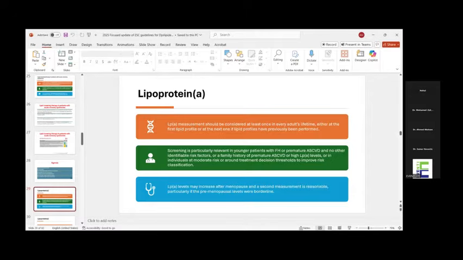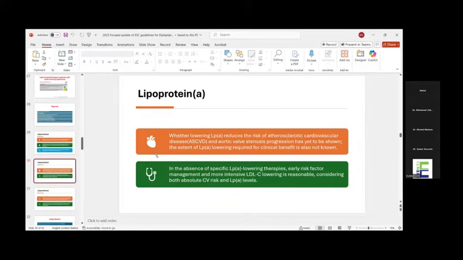Screening is particularly relevant in younger patients with familial hypercholesterolemia or premature atherosclerotic cardiovascular disease without a clear explanation, no evidence of the classic cardiovascular risk factors, or in patients with a family history of premature atherosclerotic cardiovascular disease. Actually, the lipoprotein A level may increase after menopause, and a second measurement is reasonable, particularly if the premenopausal levels were borderline.